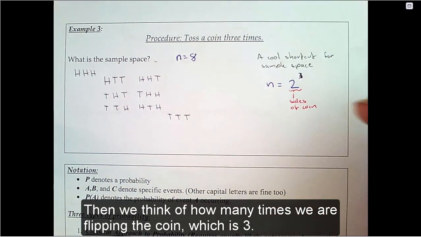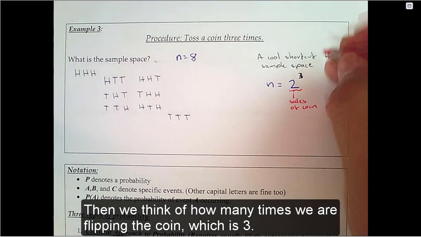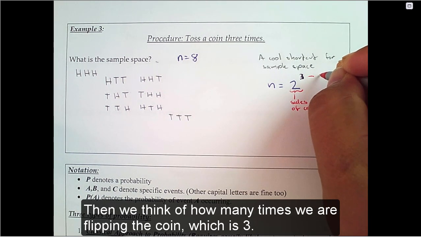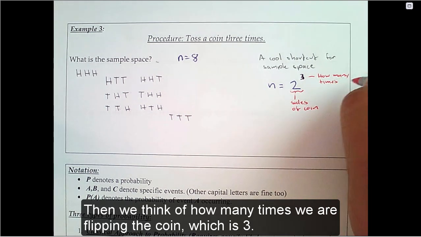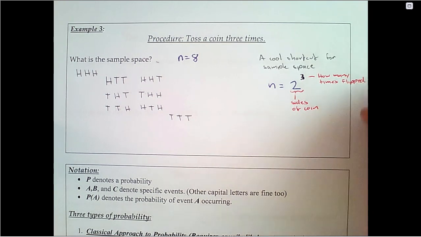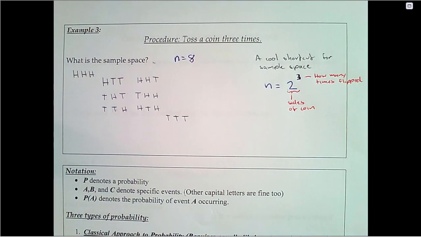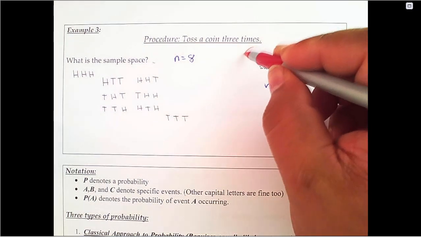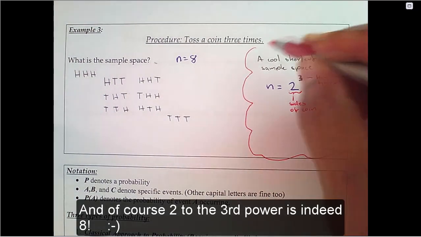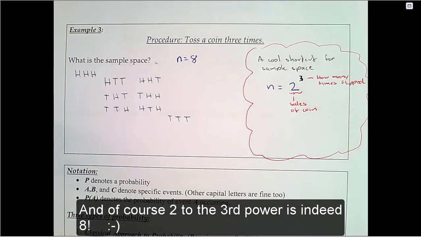Then we think of how many times we are flipping the coin, which is 3. And of course, 2 to the 3rd power is indeed 8.